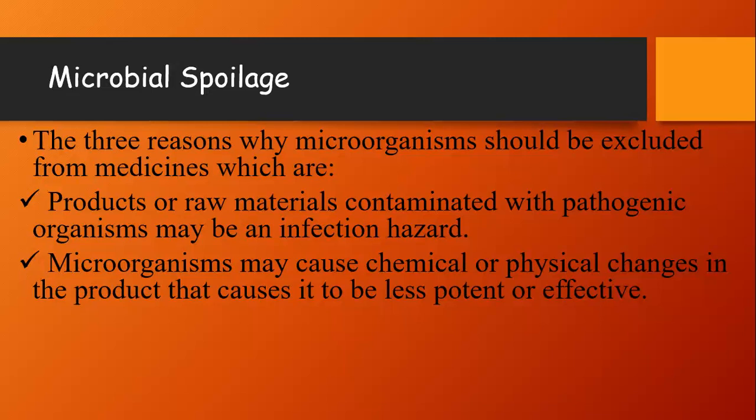The physical appearance of the product may be altered. A product may be a solid and after microbial contamination may turn to liquid or jelly substances, while a liquid may become turbid and so on and so forth. And this can lead to impotency of the product.